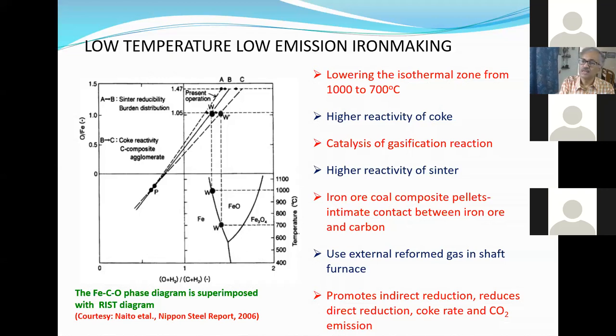So that also helps in increasing your indirect reduction. You can do the water gas shift reaction also. That can convert some amount of the CO to H2, and then you can charge it into the blast furnace. So external reform gas with water gas shift reaction also may be good.